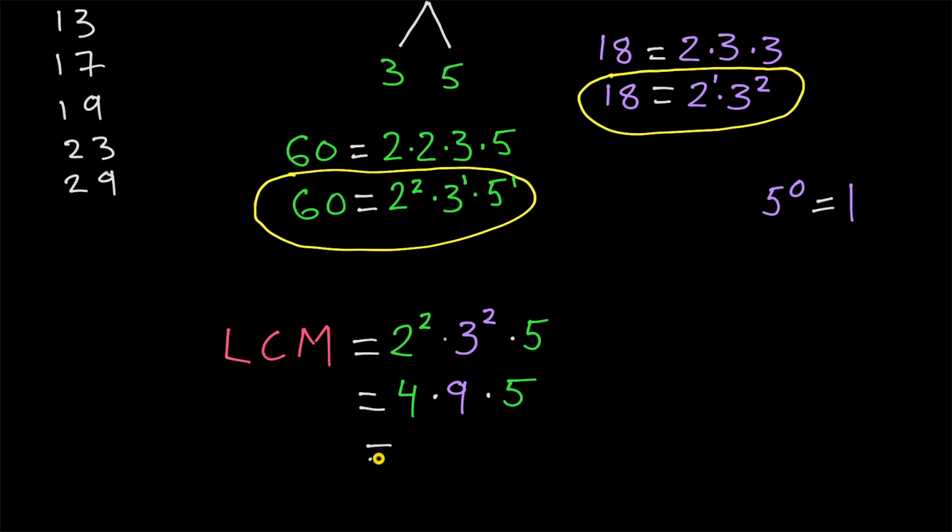Right. And now, you just perform the multiplication. So let's multiply the first two numbers first. It doesn't matter which order you perform the multiplication in. 4 times 9 is equal to 36.